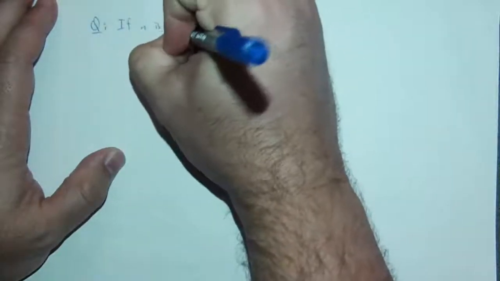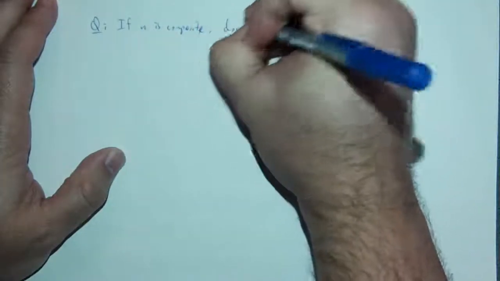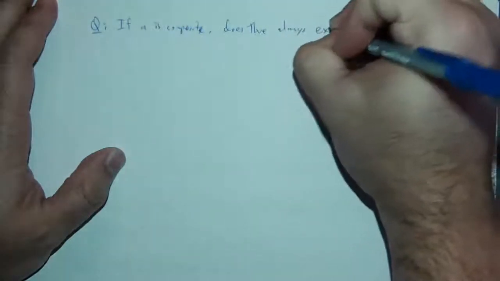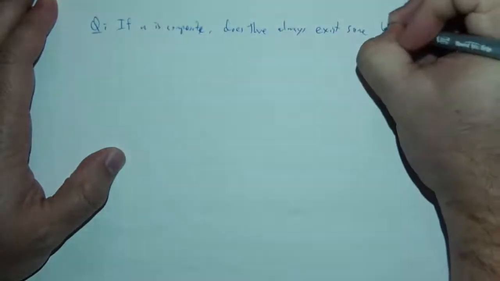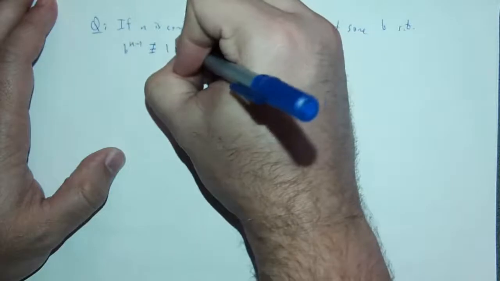If n is indeed composite, does there always exist some b such that b to the n minus 1 is not congruent to 1 mod n?